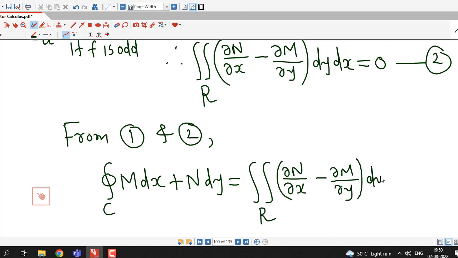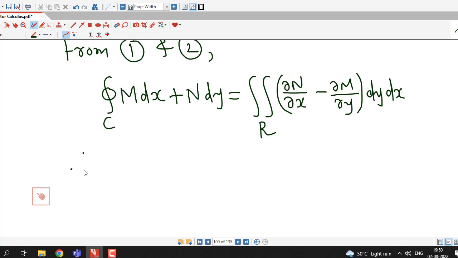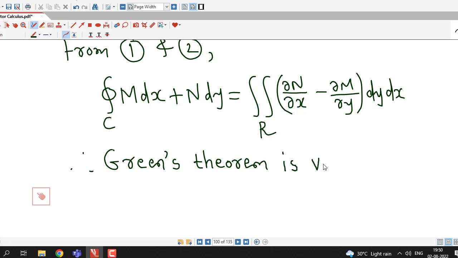So this means we have verified Green's theorem. Green's theorem is verified because we obtain this same value 0 for line as well as double integral.